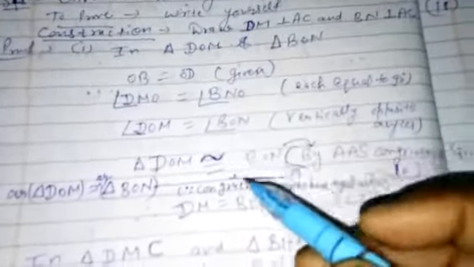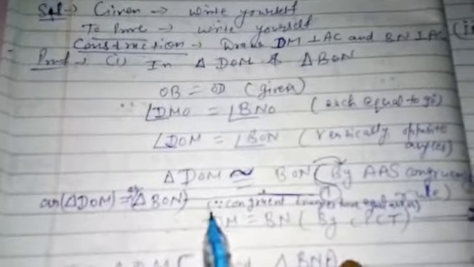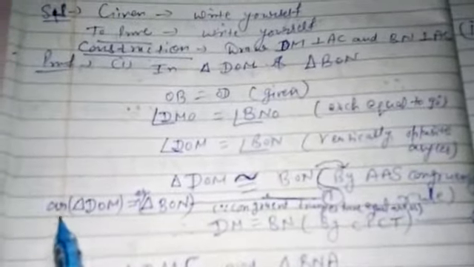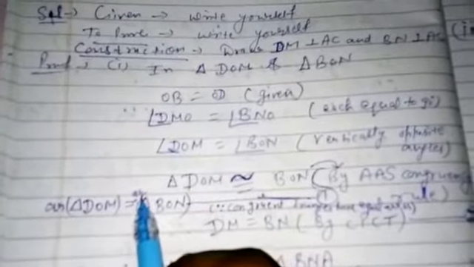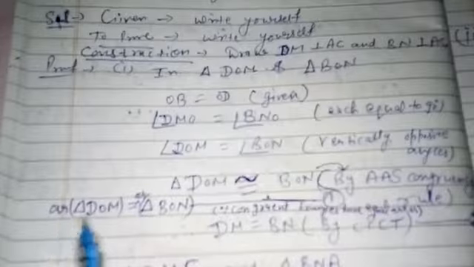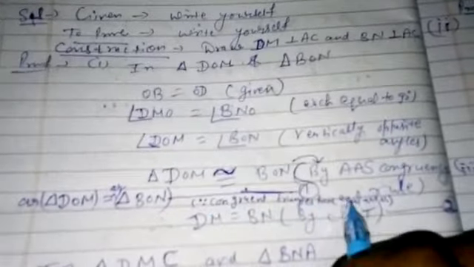Now if two triangles are congruent, then their areas are equal. So after this we can write area of DOM is equal to area of triangle BON, because congruent triangles have equal areas.